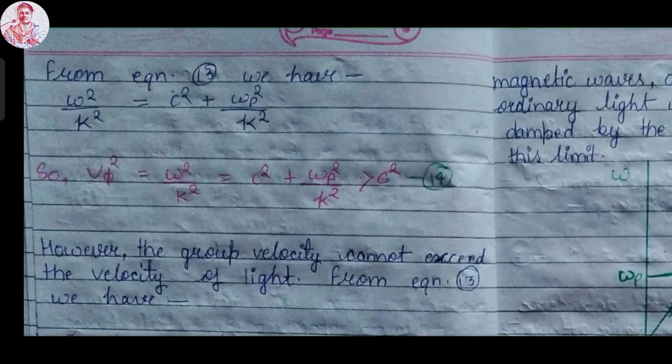From the dispersion relation, we have omega square by k square is equal to c square plus omega p square by k square. So after substituting omega square by k square with v phi square, we get c square plus omega p square by k square, which is greater than c square. Let's take this as equation number 14.